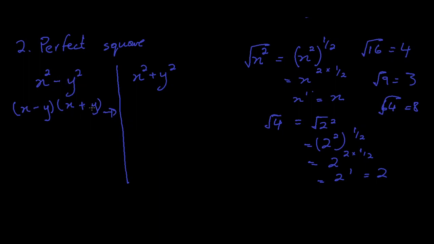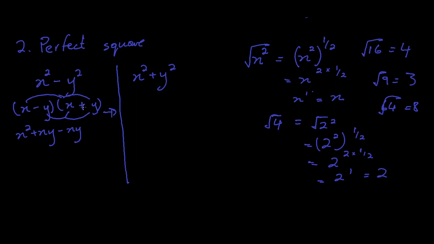Right? So let's take this, simplify. So remember, we multiply this with this with this. So here, it's x times x, which is x squared. X times positive y, it's positive xy. Negative y multiplied by the positive x, it's negative xy.